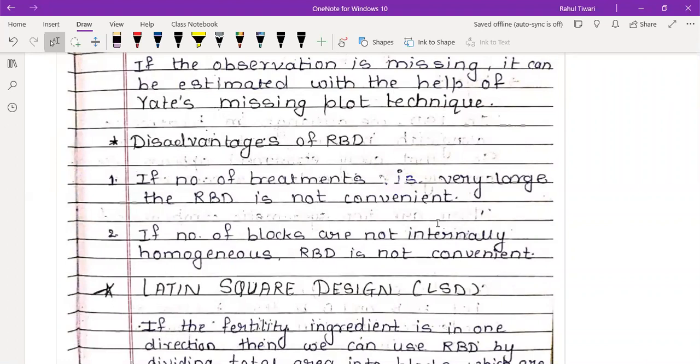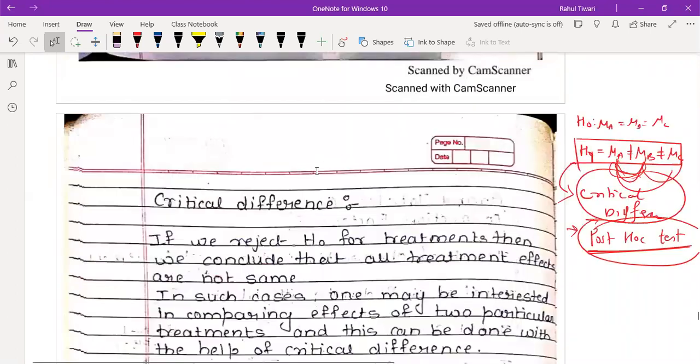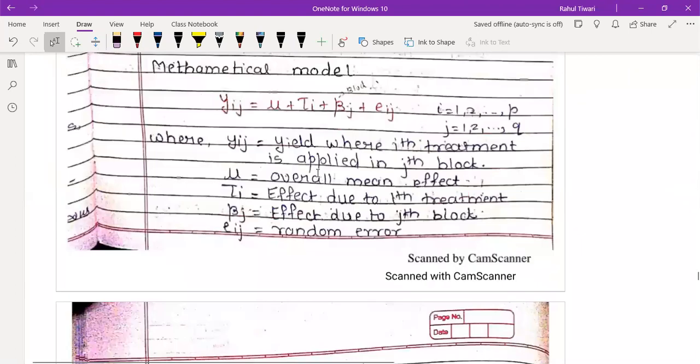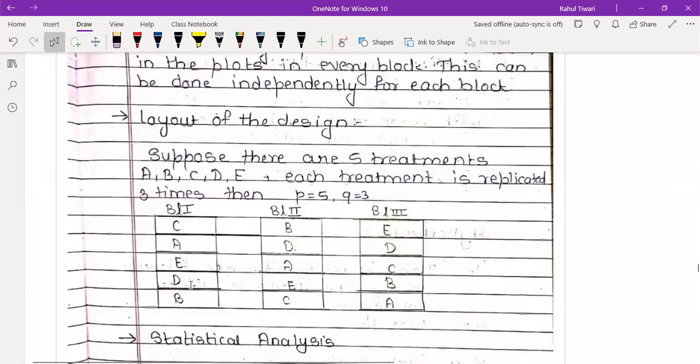If the blocks are not internally homogeneous, then RBD is not convenient. It means within the block, they should be homogeneous. The treatments which I am allotting within this particular block, make sure that within this block it is homogeneous. Then only RBD will be applicable.